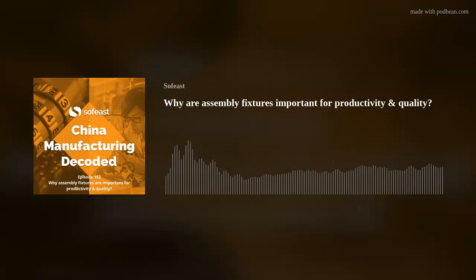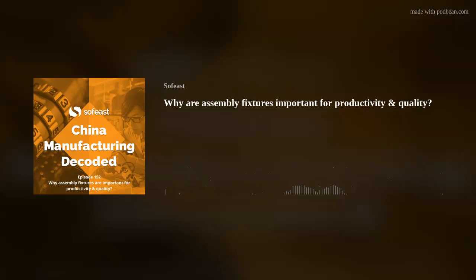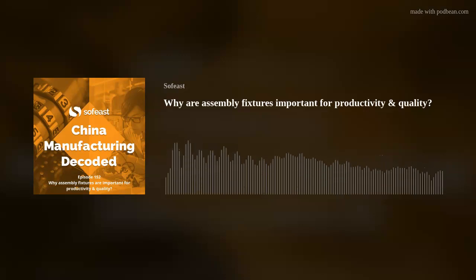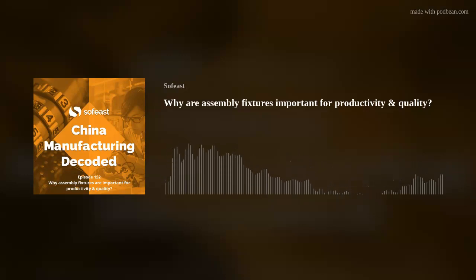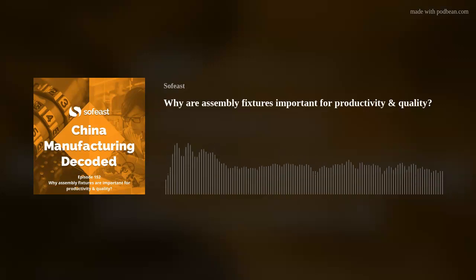Now, the definition of a fixture is basically a device that allows you to make a placement of a component or components accurately and correctly. And this actually allows you to put things together faster.